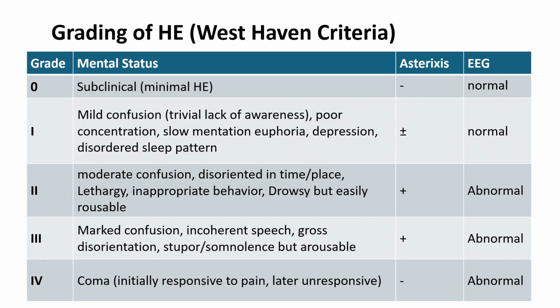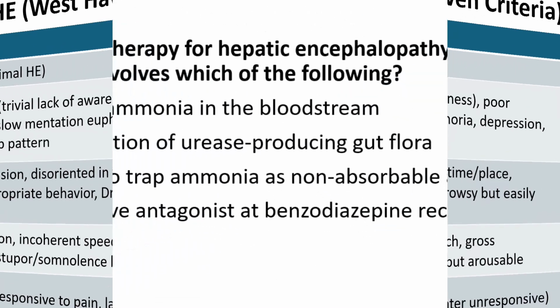They are drowsy but easily rousable. They are lethargic and have flapping tremor, asterixis. In grade 3, they have marked confusion, gross disorientation. They are stuporous but arousable with flapping tremor. In grade 4, they are comatose.